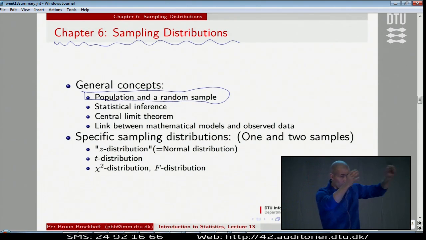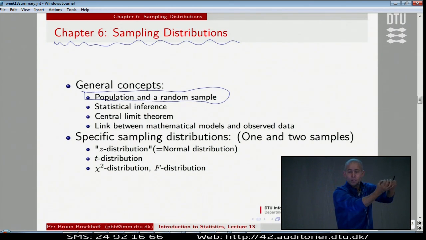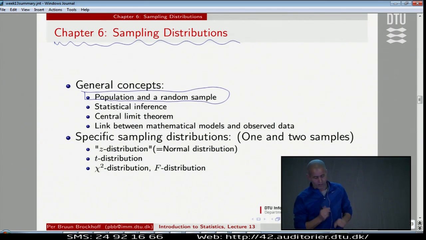So we cannot observe the entire world for infinity. That's not possible. So we observe a selection of the world, the sample. We take a subset and look at some data. And then we try to infer about the big and true and key world out there from this sample. This is called statistical inference.